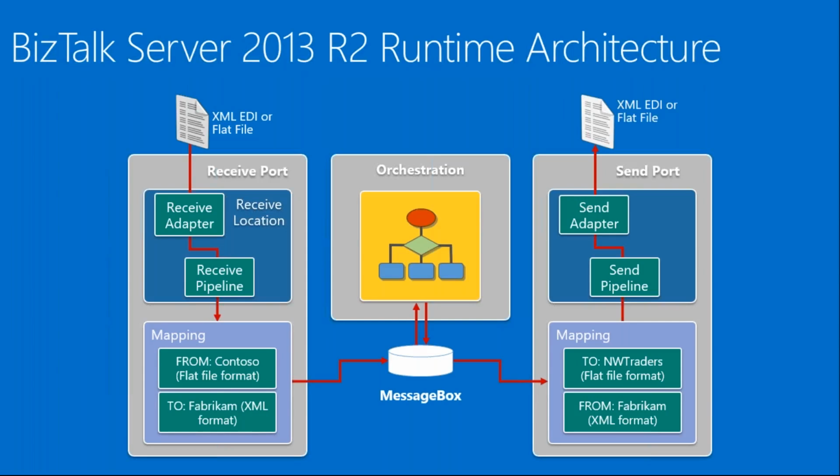It's optional. It goes to the message box, is subscribed to by orchestrations, and subscribed to by a send port that can again pass through a map or not. This is also optional, and goes to a send port that has a send pipeline, and here is where it passes again from XML to a flat file, and then is sent to a send adapter to be communicated to the system.